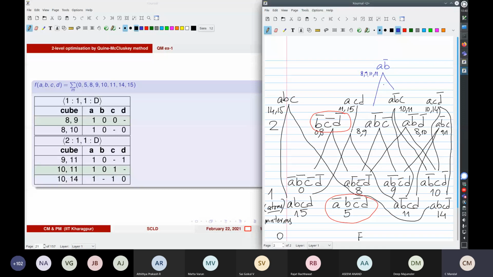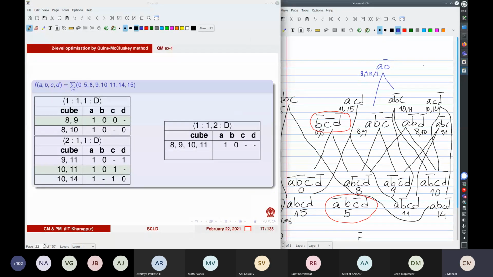So 8, 9, 10, 11: you have combined 8, 9 with 10, 11 to get AB bar.